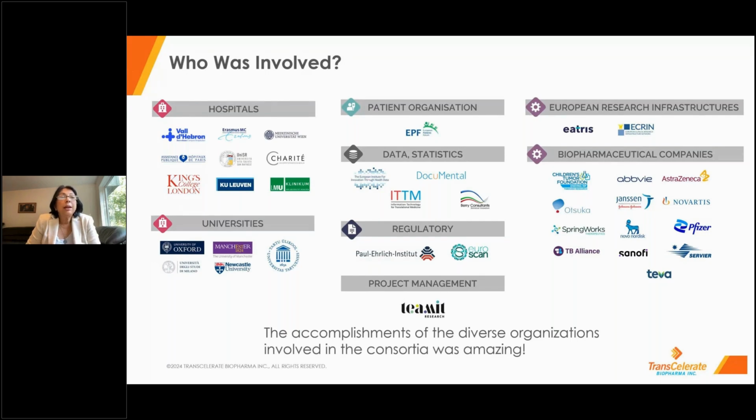So this was done under the leadership of Vall d'Hebron Institute in Spain and Janssen, and the EU-PEARL consortium brought together a diverse mix of expertise from key players in the international clinical research ecosystem.